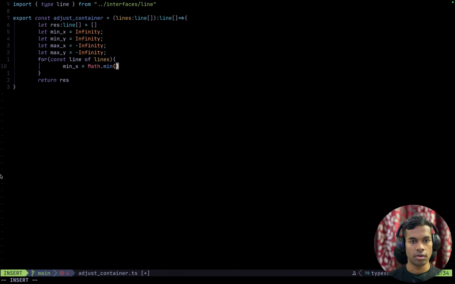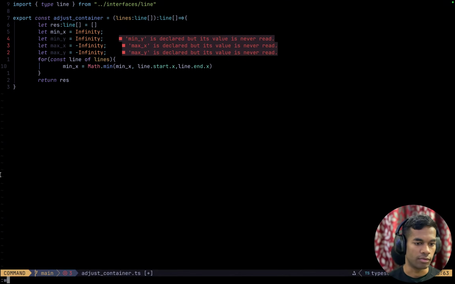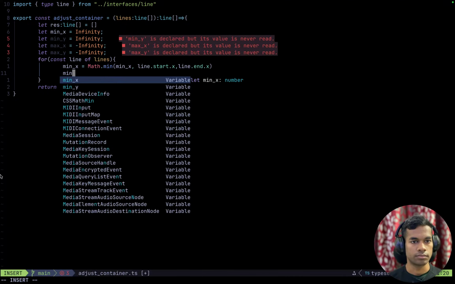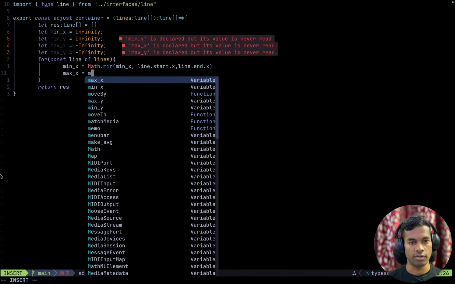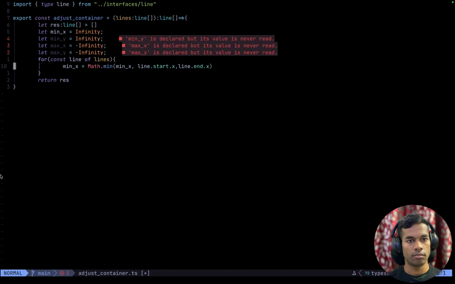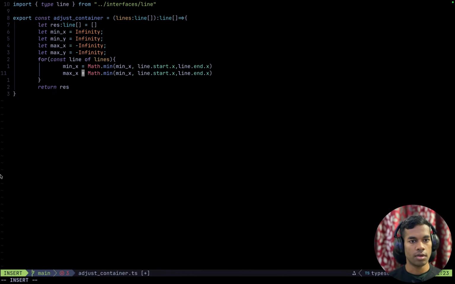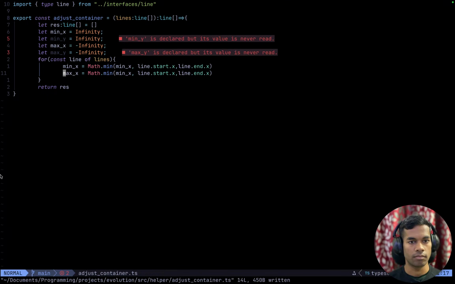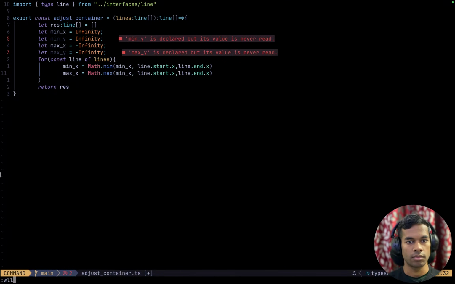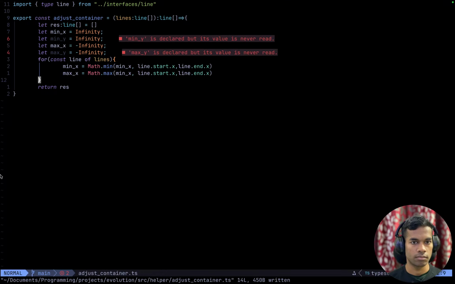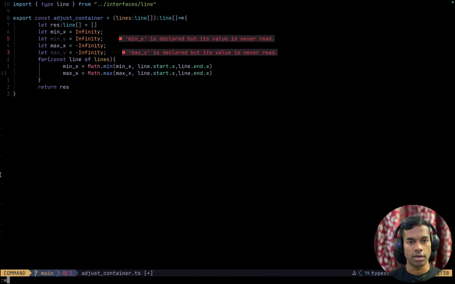Math dot min, min x comma line dot start dot x comma line dot end dot x. If we can give three things, we can give three things. Max x is max x.